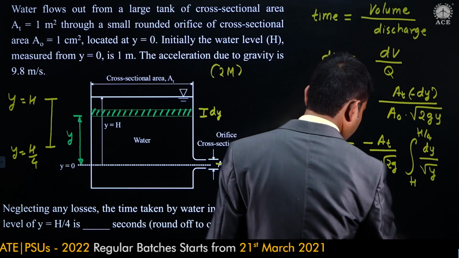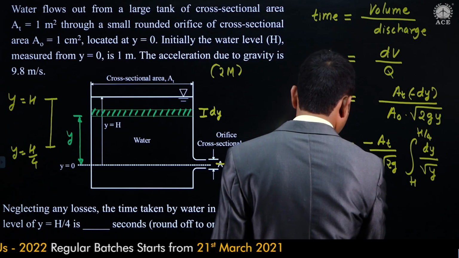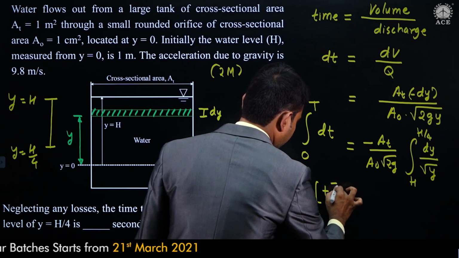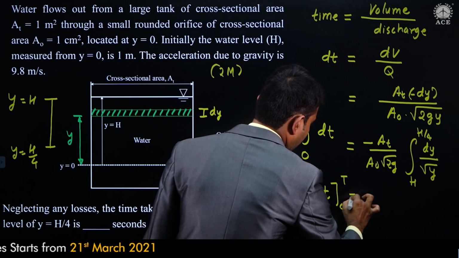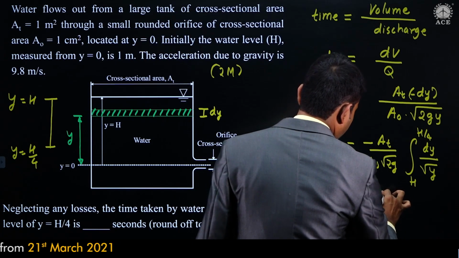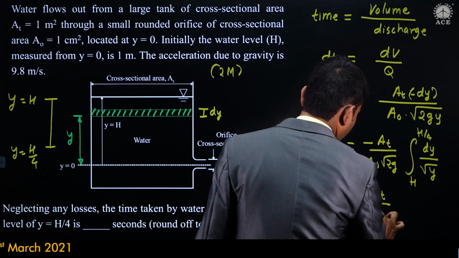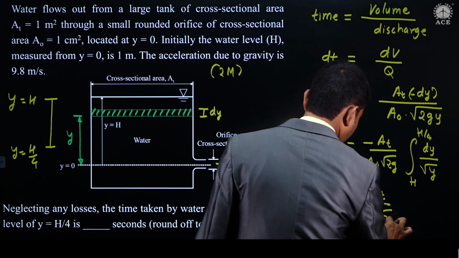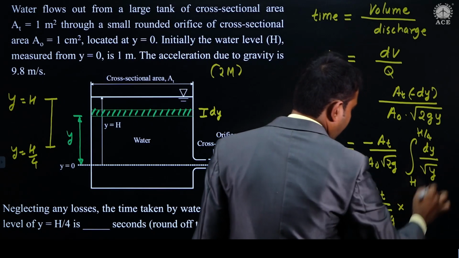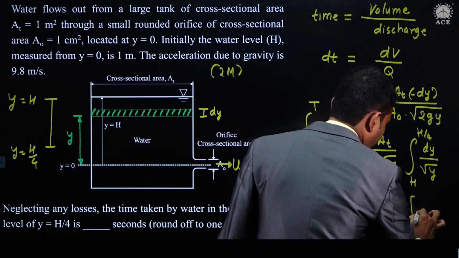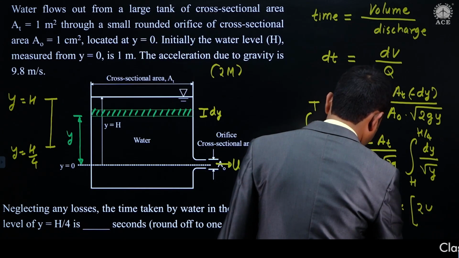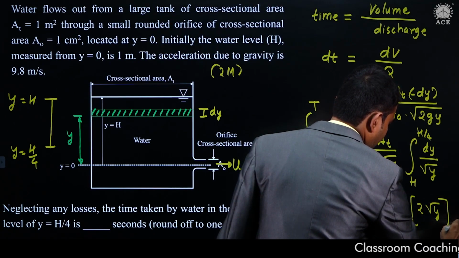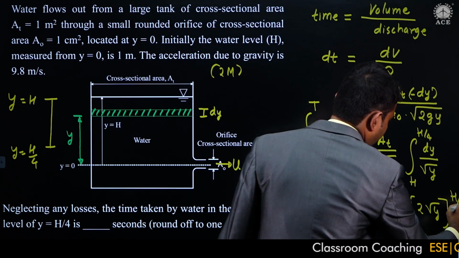Now do this integration. Left hand side it will be T, 0 to capital T, right hand side minus AT divided by A0 into root 2g into integration of 1 by root y is 2 root y. So limits of integration h to h by 4.